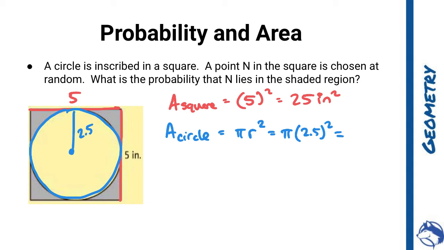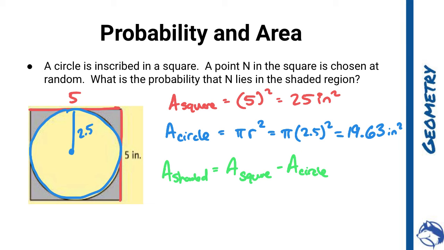And so when I go ahead and plug this into my calculator, I would do 2.5 squared times pi, and I get 19.63 inches squared. So the area of the shaded region is equal to the area of the square, which is my larger chunk, minus the area of the circle.